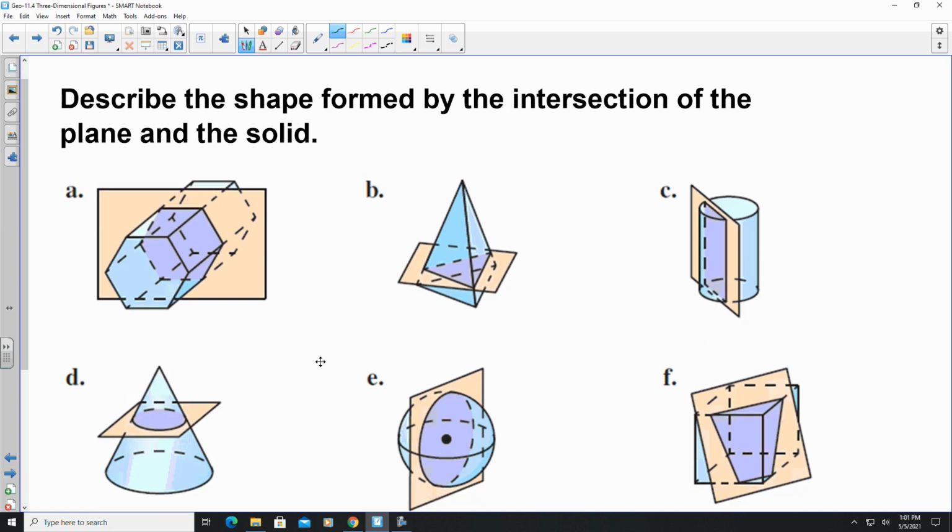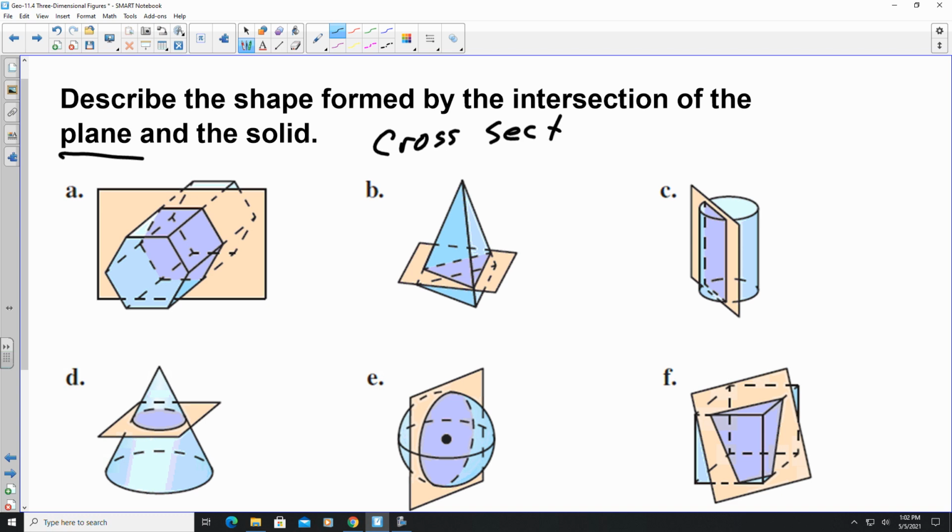So here it says describe the shape formed by the intersection of the plane and the solid. So anytime you're using a plane to slice a three-dimensional figure, it's a specific name. It's called a cross section.